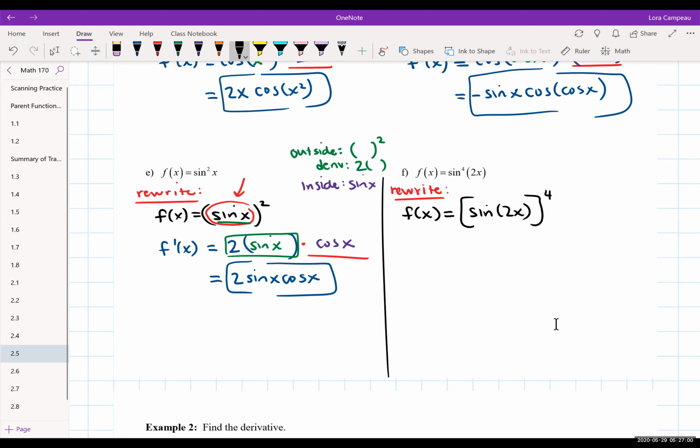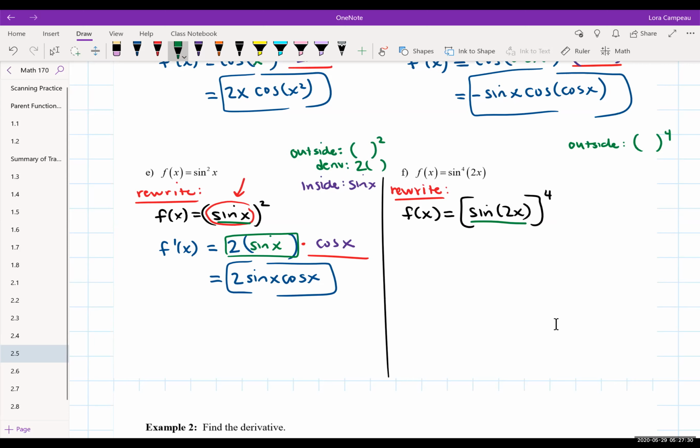Now, I have to start inspecting this. Things get a little bit more exciting. When we look at it, I'll even write it outside. There are some outsiders here. I see something to the fourth power.